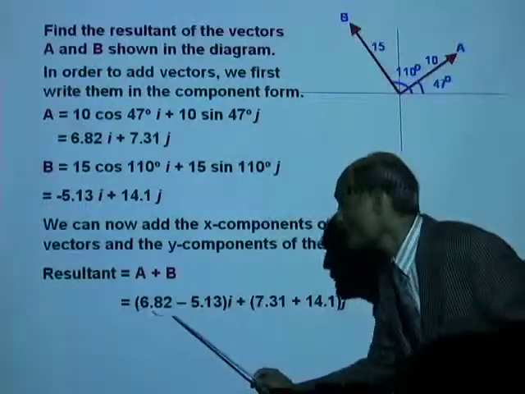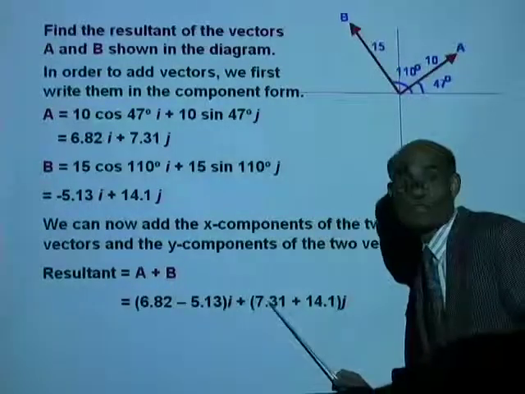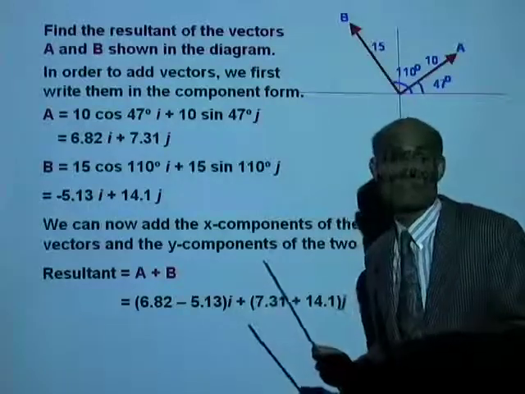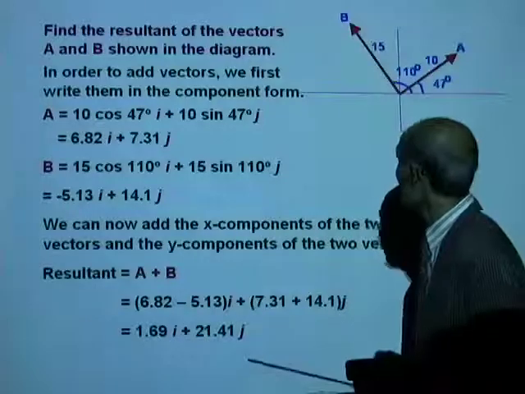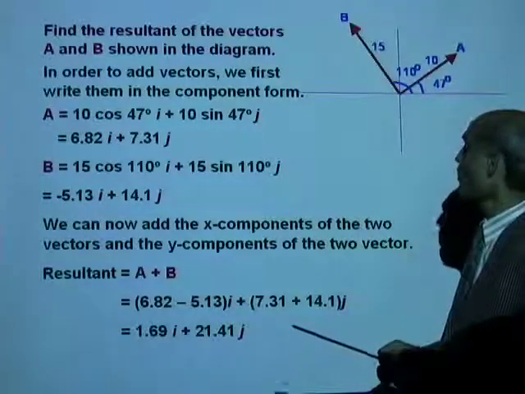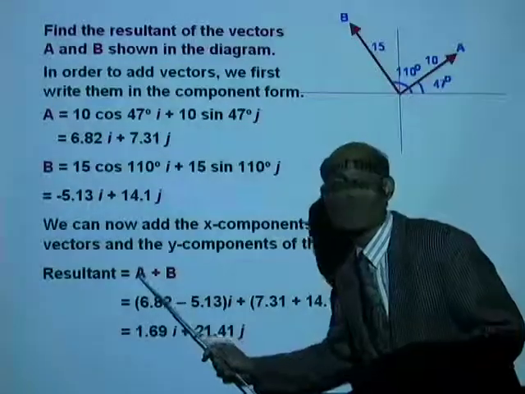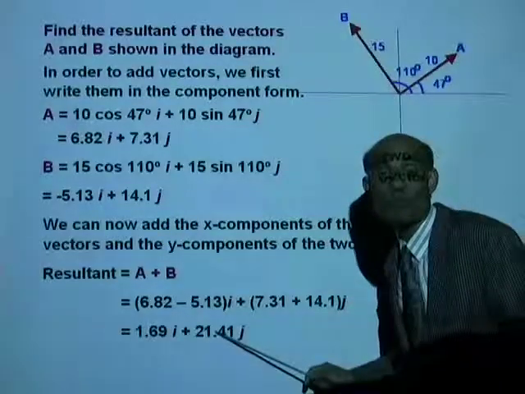So this is the x component of the resultant vector. This is the y component of the resultant vector. And that will be 1.69i plus 21.41j. We have now obtained the resultant of A and B in the component form.